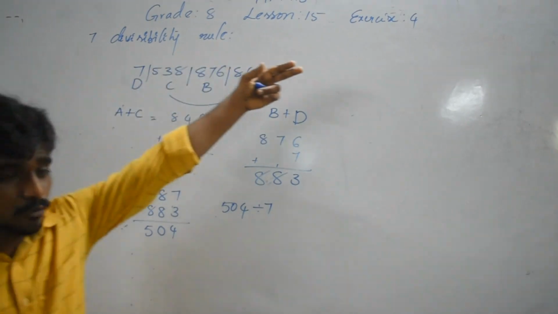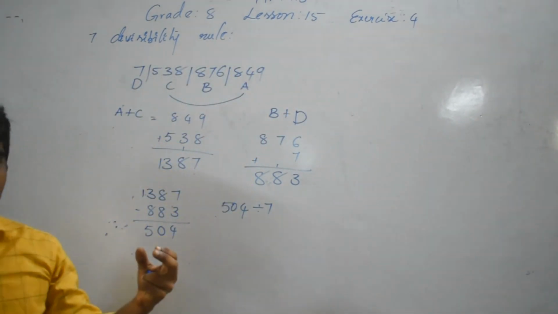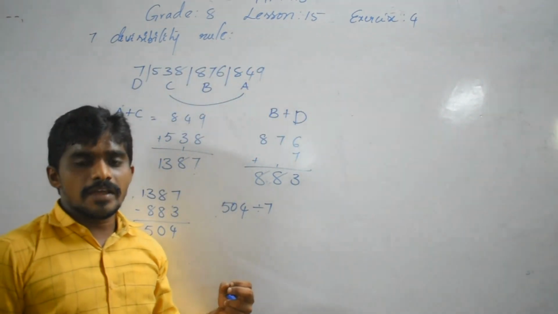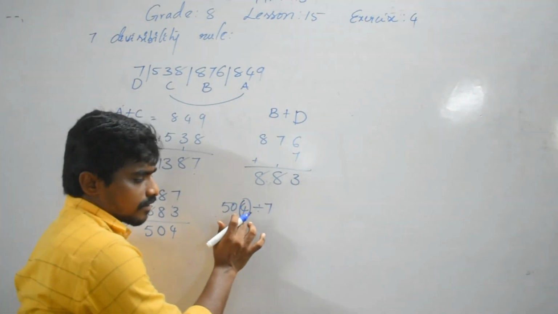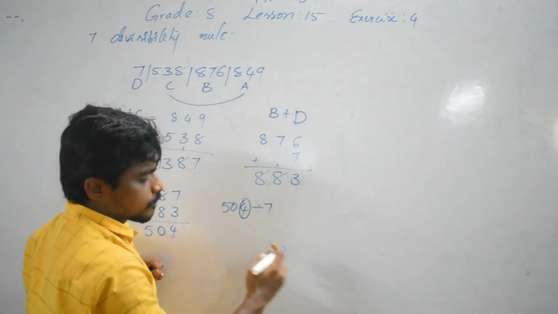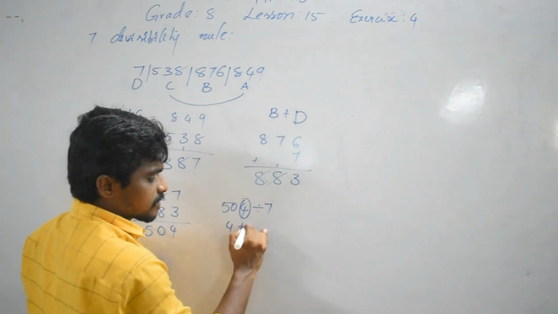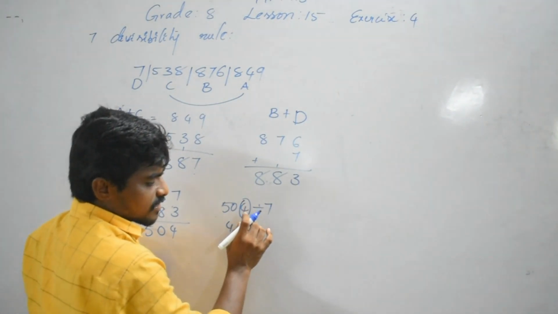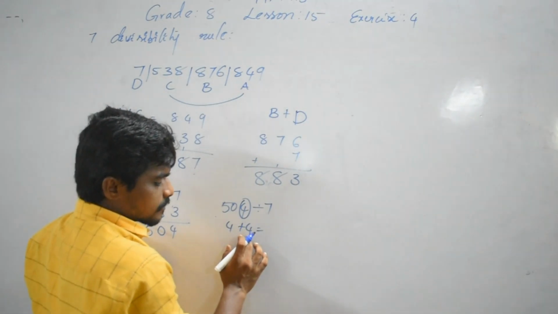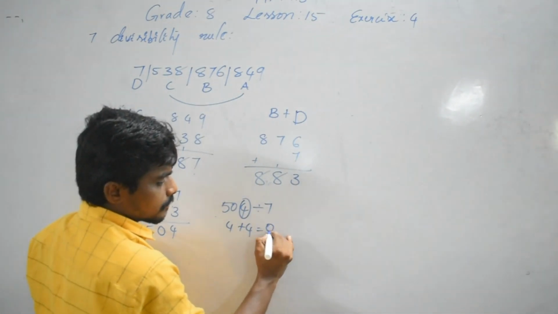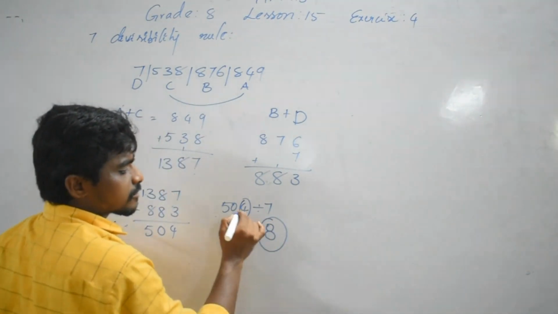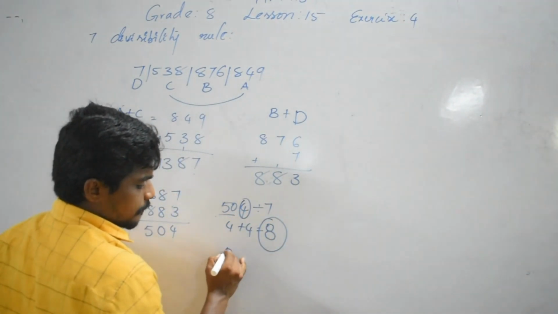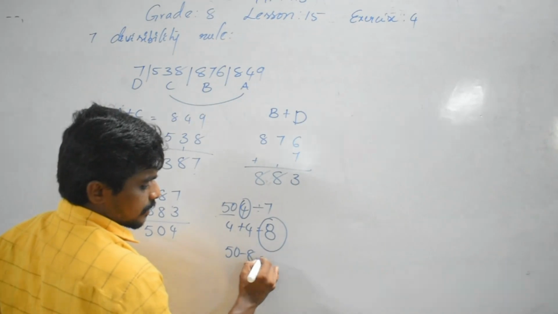Now you use the small number given. What is the 7 divisibility rule? Take the last number and write it twice. So 4 plus 4, once number twice, 4 plus 4 is 8. Take these 8 from the rest of the number: 50 minus 8.